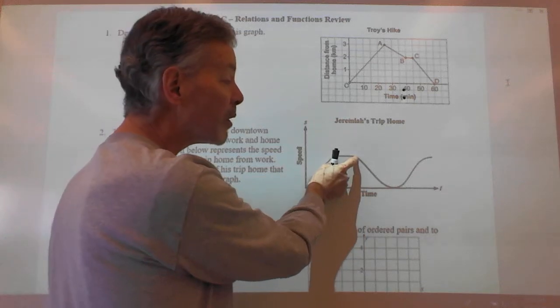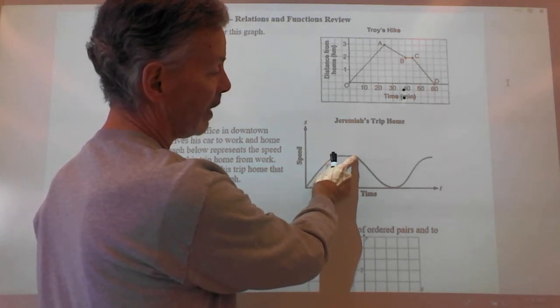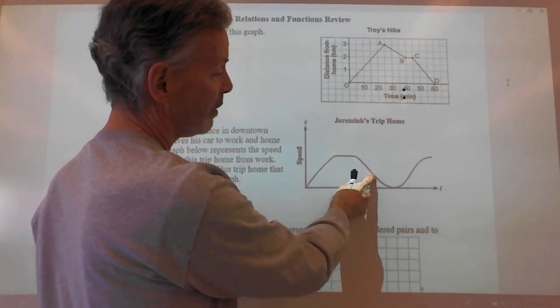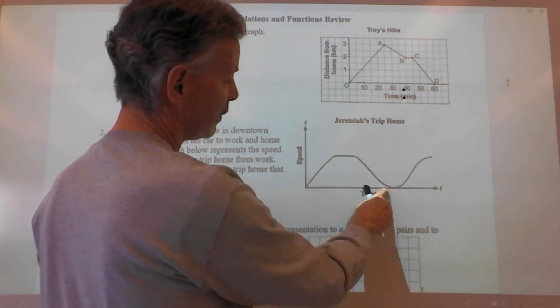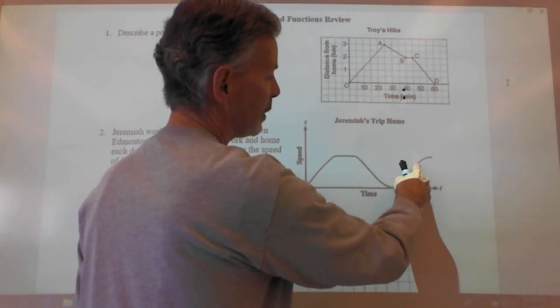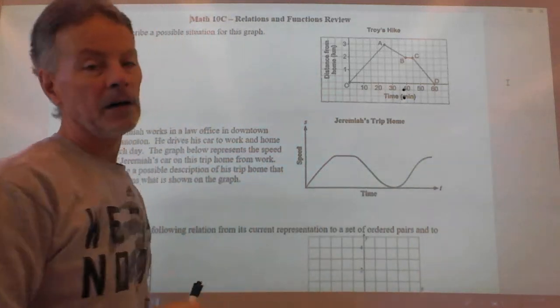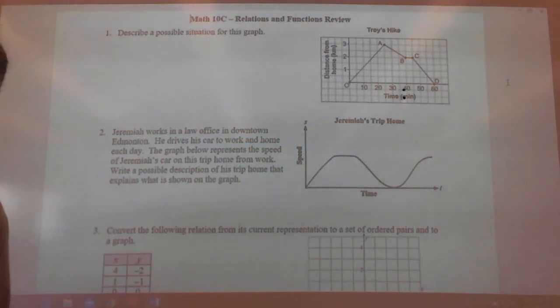Maybe it's 100 kilometers an hour. He sees a light ahead of him, so he slows down to a speed of 0 at the red light. Light turns green. He speeds up again until he gets to some constant speed at the end. Okay? And again, that's just one possibility.